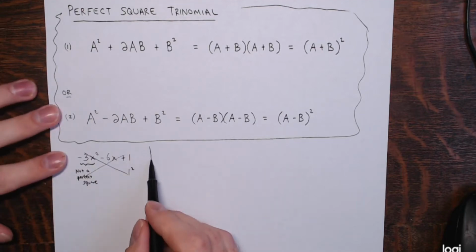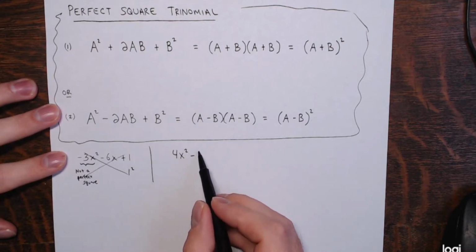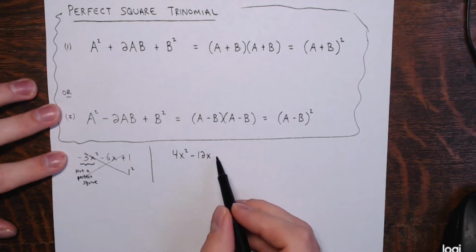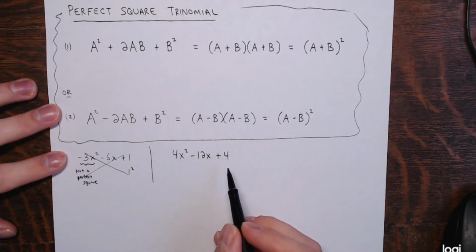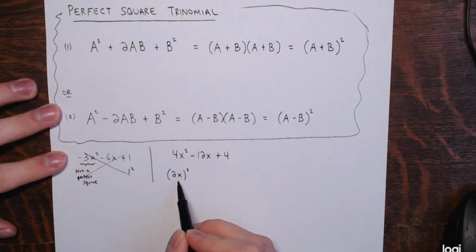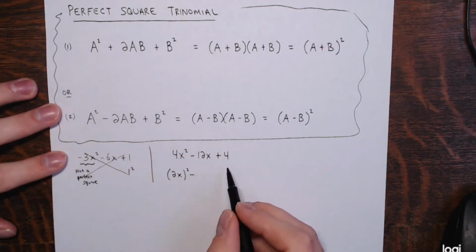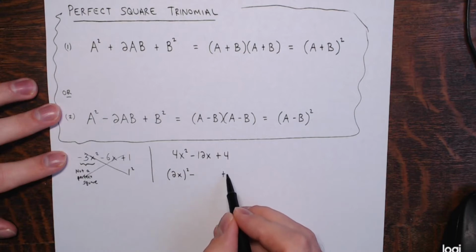All right, the next one they gave us was 4x squared minus 12x plus 4. Okay, and this is looking better already. The first term I can think of as 2x squared, right? So that's like the a squared, minus, and then the last term I can think of as plus 2 squared.